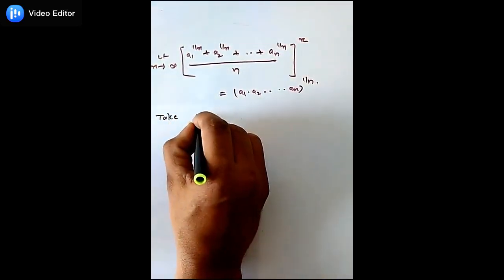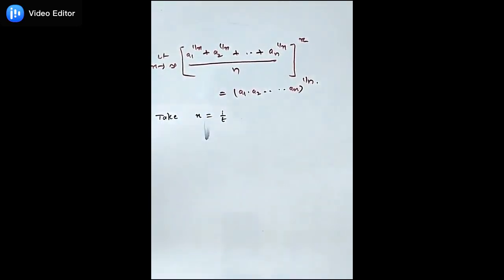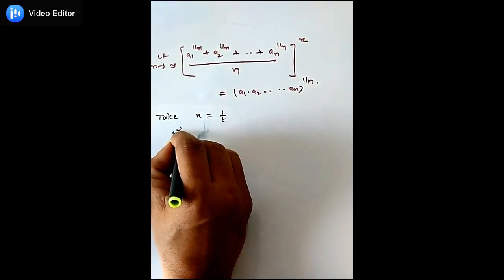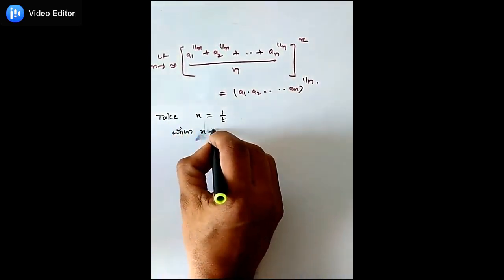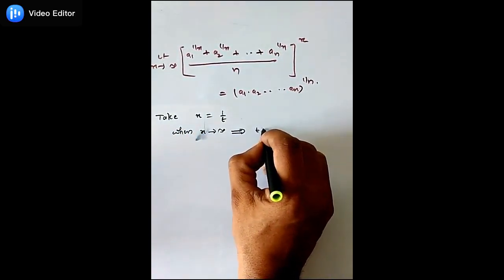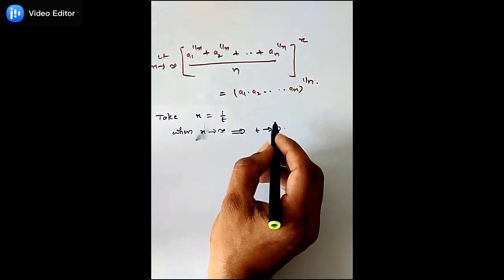Take x equal to 1/t. When x tends to infinity, then t tends to 0, because 1 by infinity tends to 0.